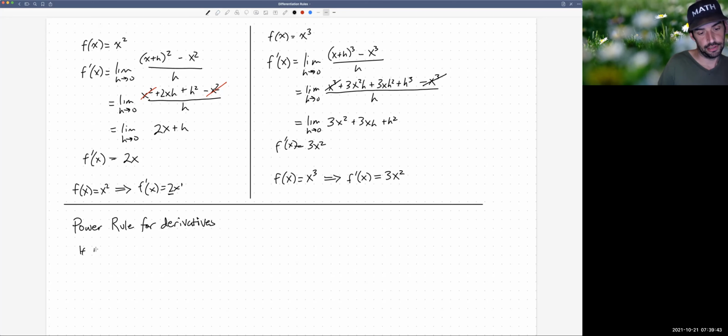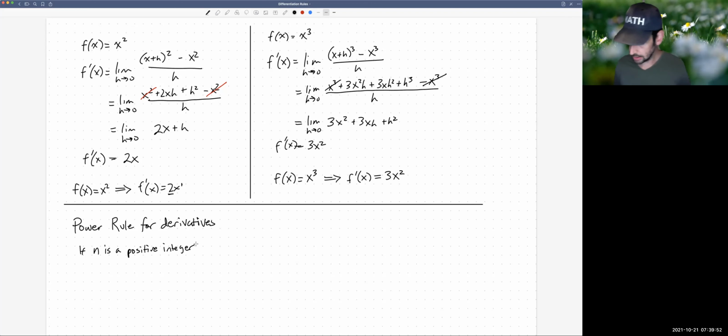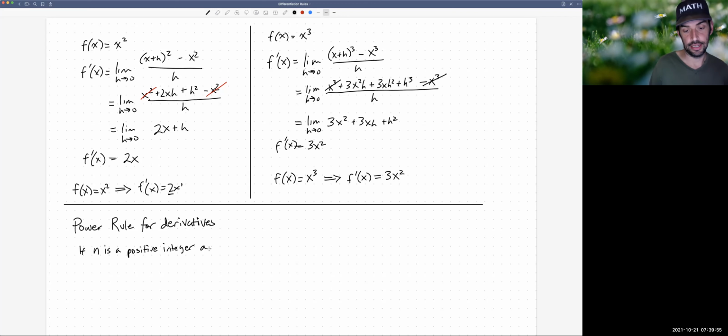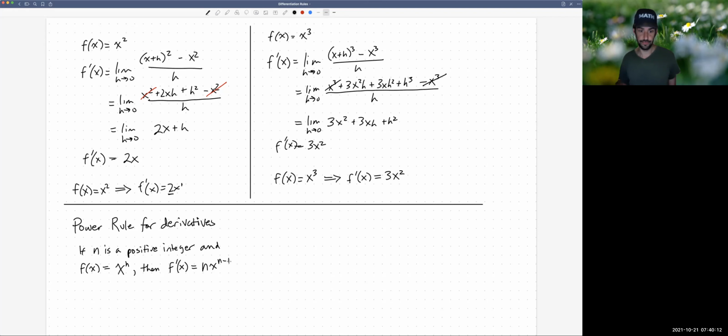If n is a positive integer, and f of x equals x to the n, then f prime of x is equal to n times x to the n minus 1. Okay, the exponent comes down front, and the exponent lowers by one.